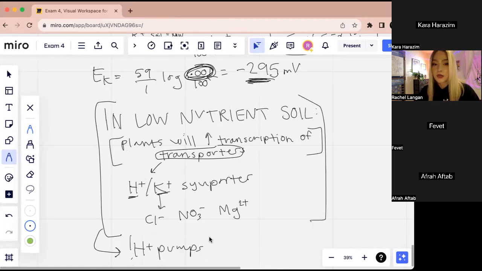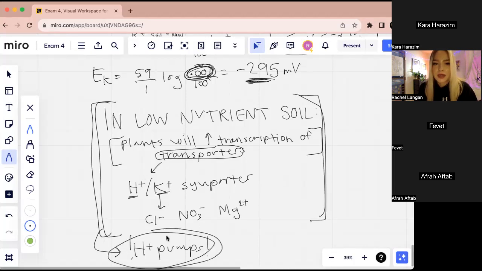Meaning, if you block the hydrogen pumps, or you see something about messing with the hydrogen pumps, the plant's ability to deal with low nutrient or high nutrient soil is going to be messed up. Because even if they make new transporters or they downregulate the transporters, if you don't have the hydrogen pump activity, then this isn't going to work. So that's just a little note. Okay.